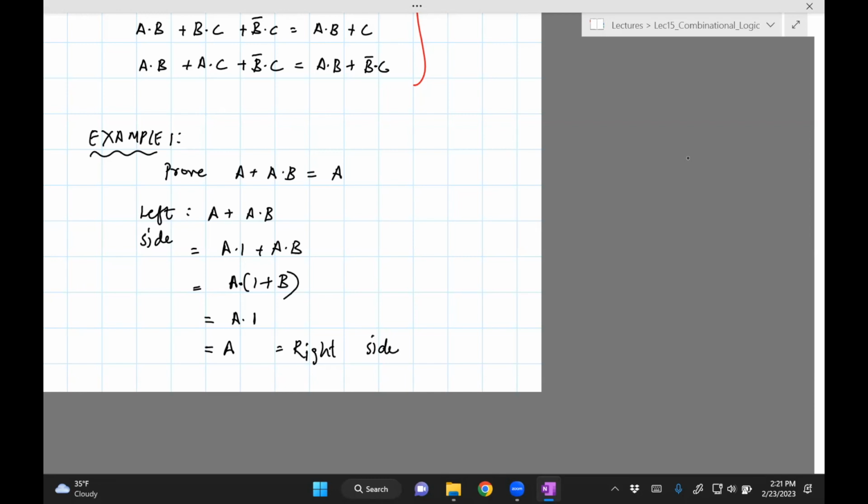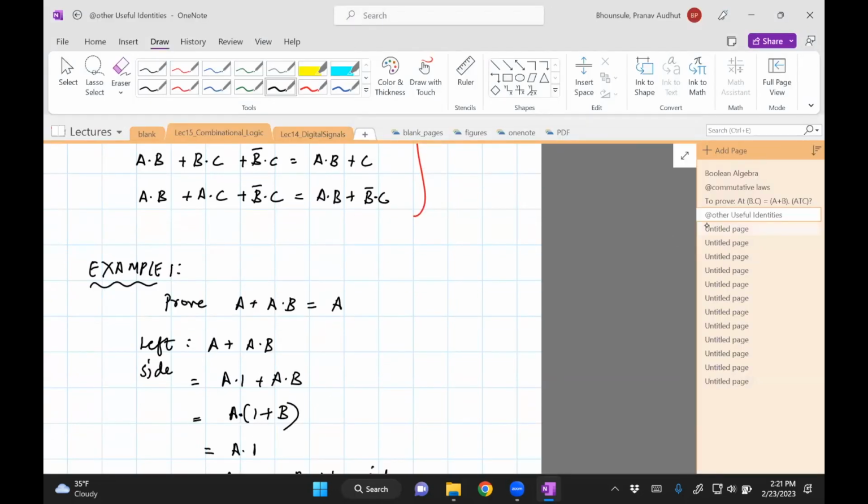Let's take a slightly more complicated expression and see if we can play with it.